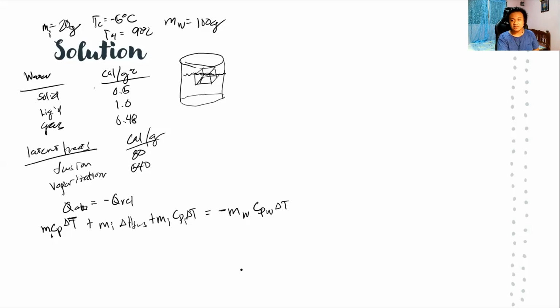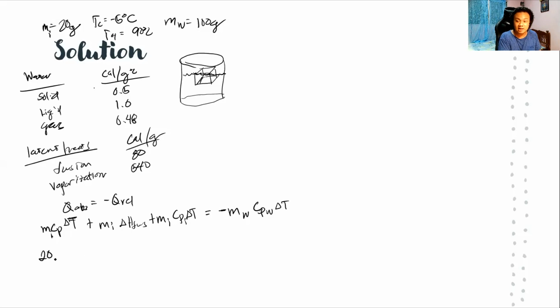So what are the changes in temperature here? Let's enumerate. At the solid ice, let's bring that up to 0 degrees Celsius, and then we will melt it, and then we will raise its temperature. That's how we do this here. So let's start.